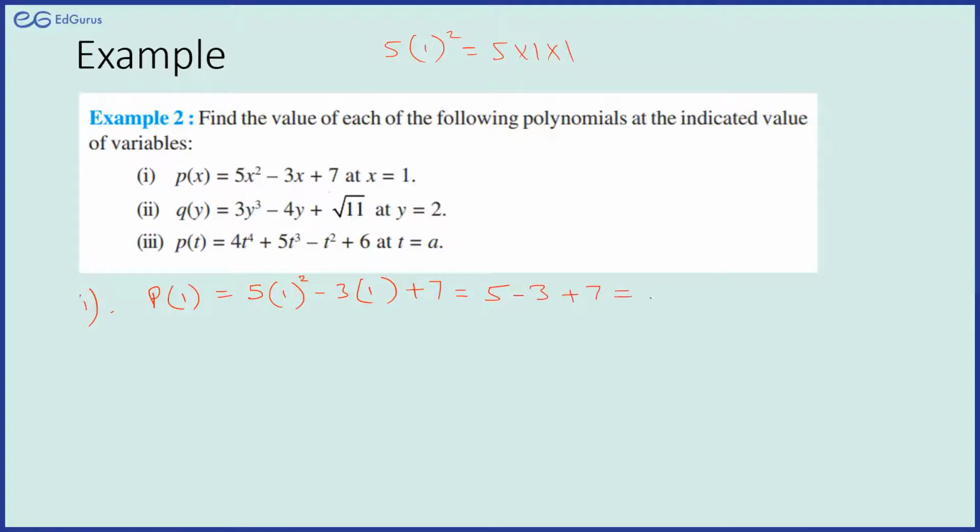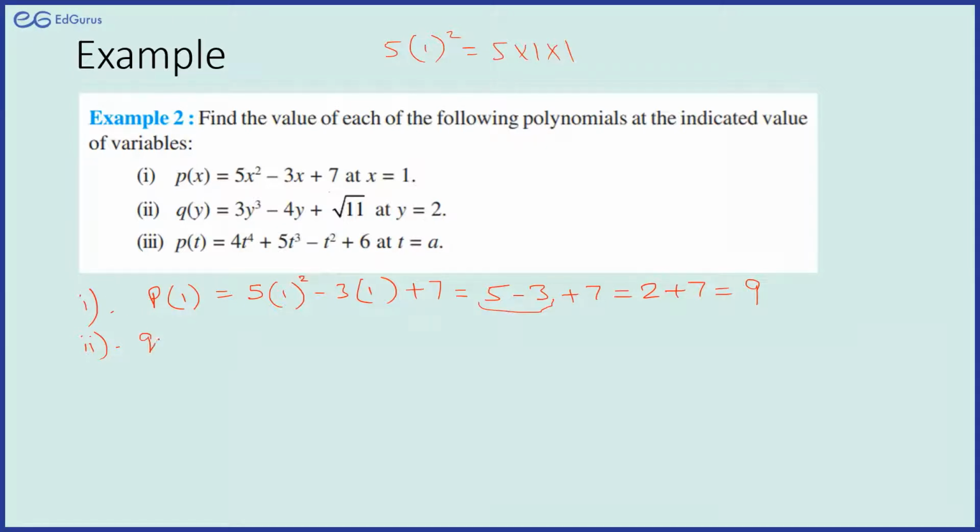So what result did we get? 5 minus 3 is 2. 2 plus 7 is 9. Right? Yes, ma'am. Okay. Now number 2. q of y equal to 3y cube minus 4y plus root 11 at y equal to 2.